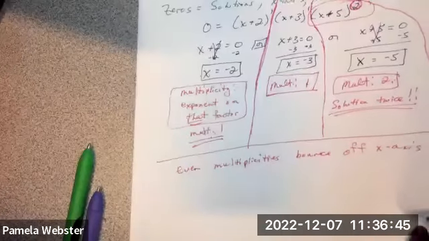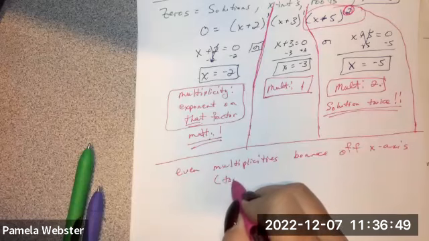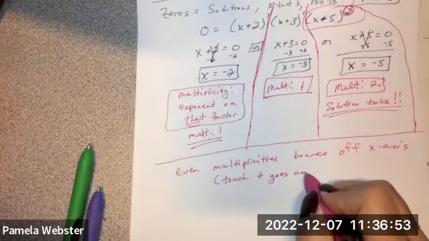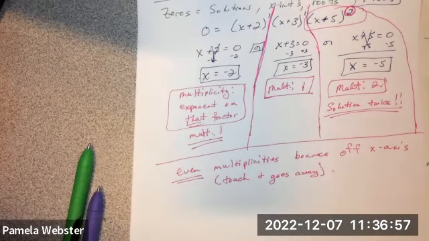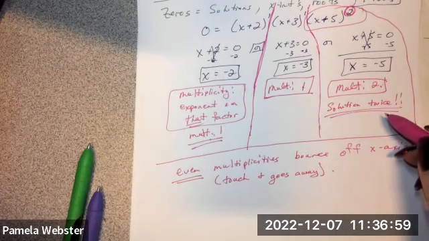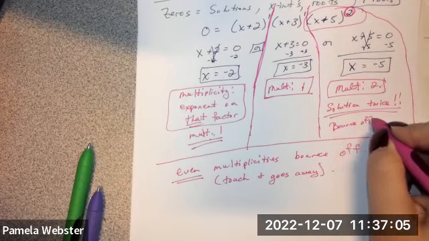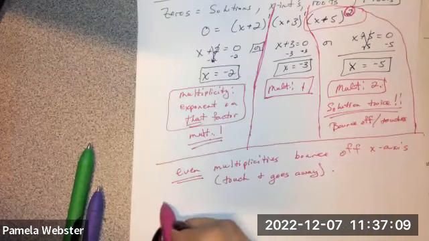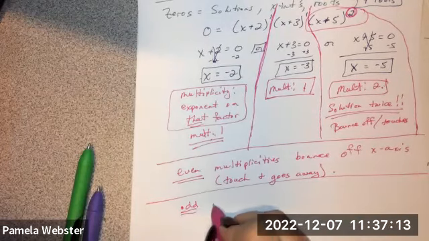So for purposes of the directions there, that would mean it touches it and then goes away. That's what that means. The only even one we have is this one, x equals -5, so it's going to bounce off, or just touch. Odd multiplicities always go through.